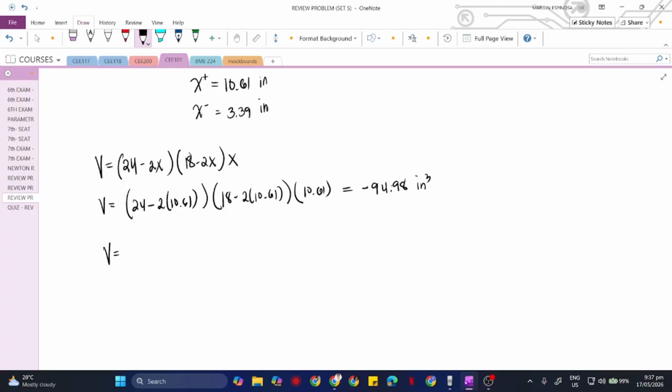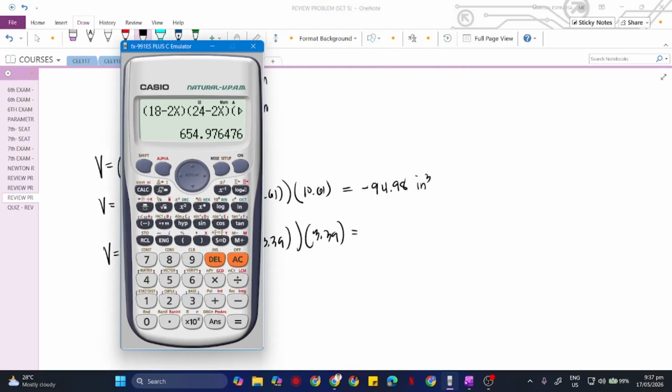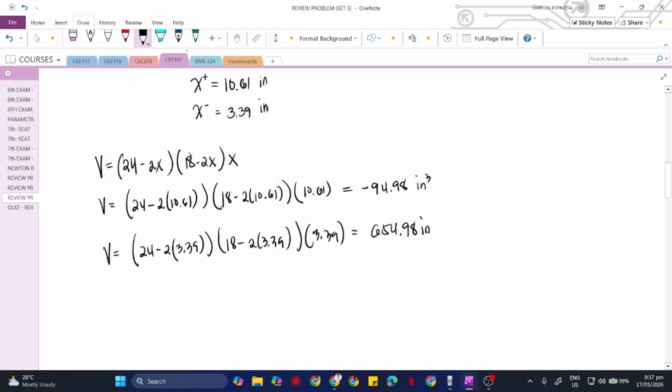And then if we use 3.39 for our x value, that would give us a magnitude of 654.98 cubic inches. So obviously this one is the maximum, the larger value compared to the negative one.